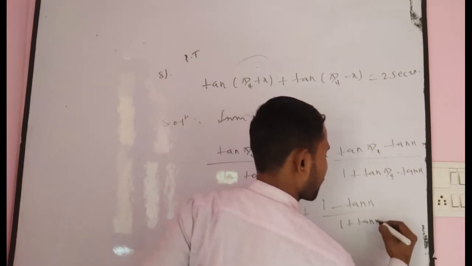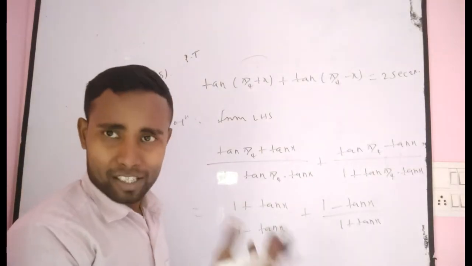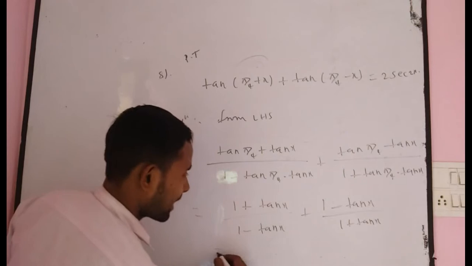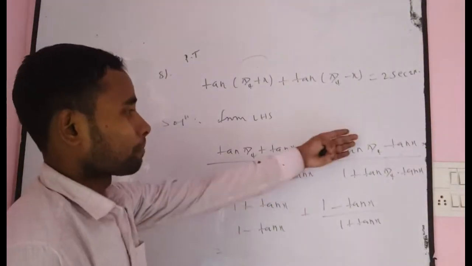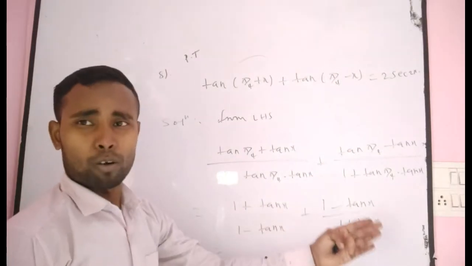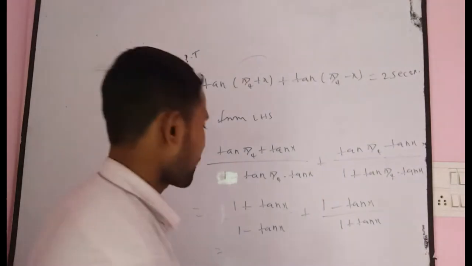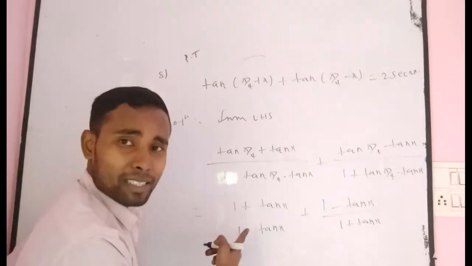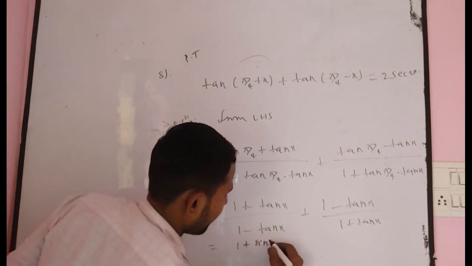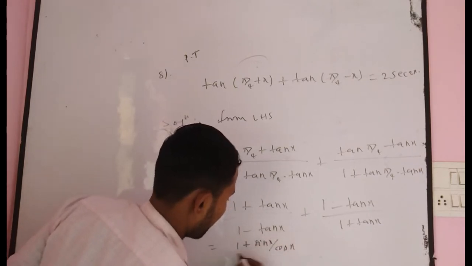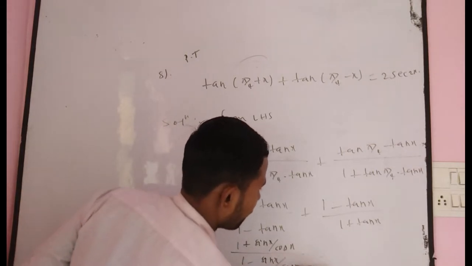Now we have to express this expression in terms of sin x and cos x. I have already told about it, but in your board there should be some steps to solve this problem, so I want to give some steps. 1 plus tan x becomes 1 plus sin x by cos x, and in the denominator 1 minus sin x by cos x.